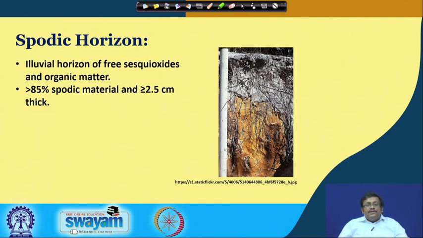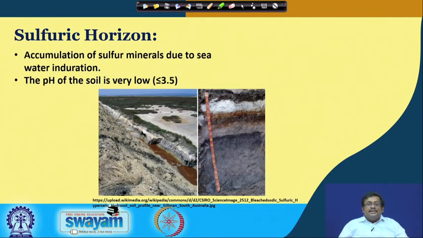Finally, spodic horizon, which is an illuvial horizon of free sesquioxide and organic matter. Sesquioxide is basically a combination of iron oxides and aluminum oxides, and this spodic horizon shows accumulation of iron oxides, aluminum oxides and organic matter, and it contains greater than 85% spodic material, and it is generally greater than 2.5 centimeter in thickness.